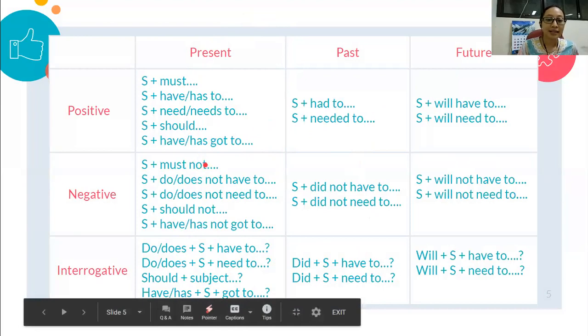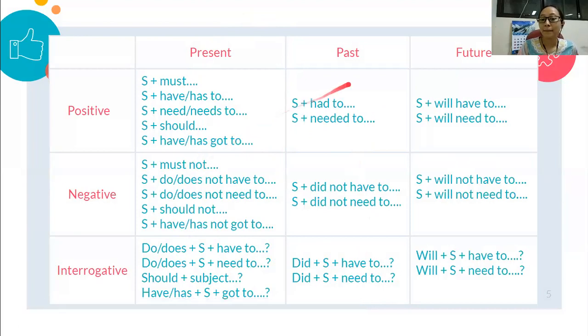Tapi must ini tidak ada bentuk past atau future-nya. Tapi kalau misal mau dibuat situasinya masa lampau, bisa tinggal tambahin yesterday. I must go now. Present-nya, past-nya I must go yesterday.